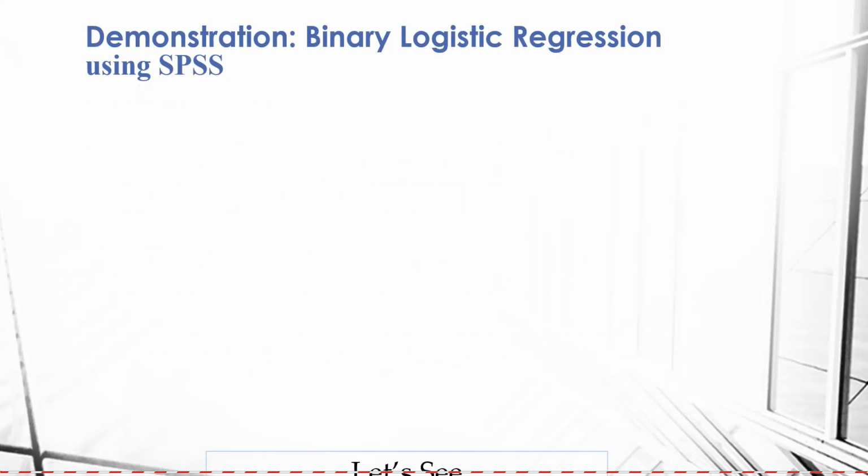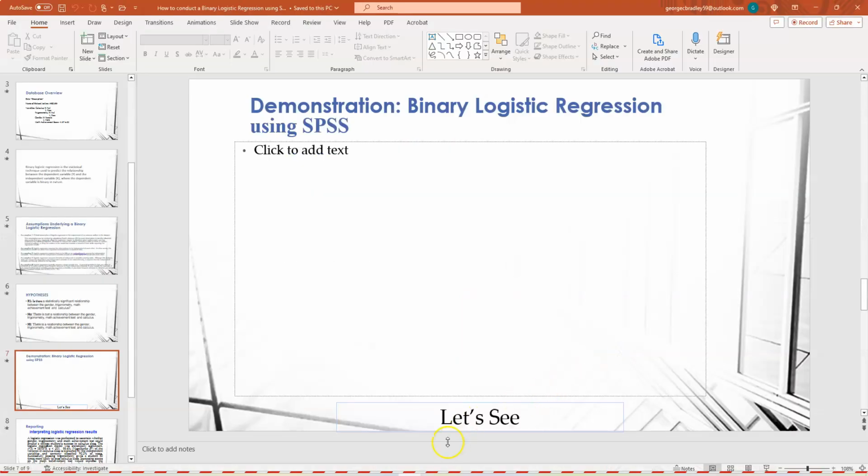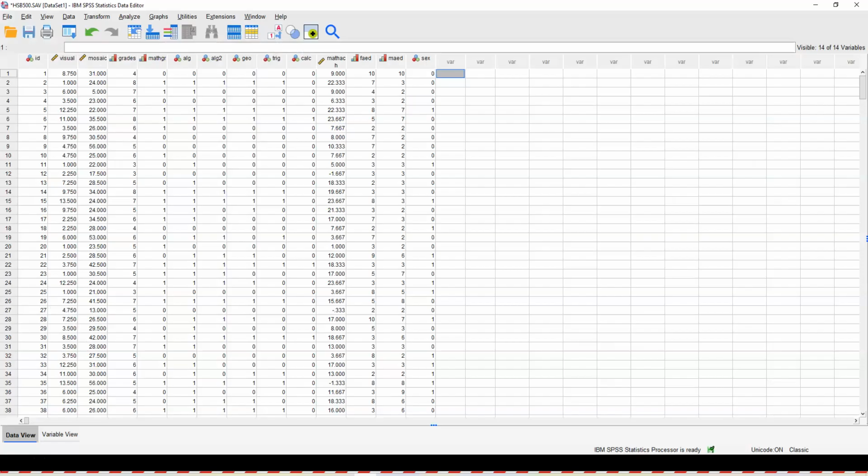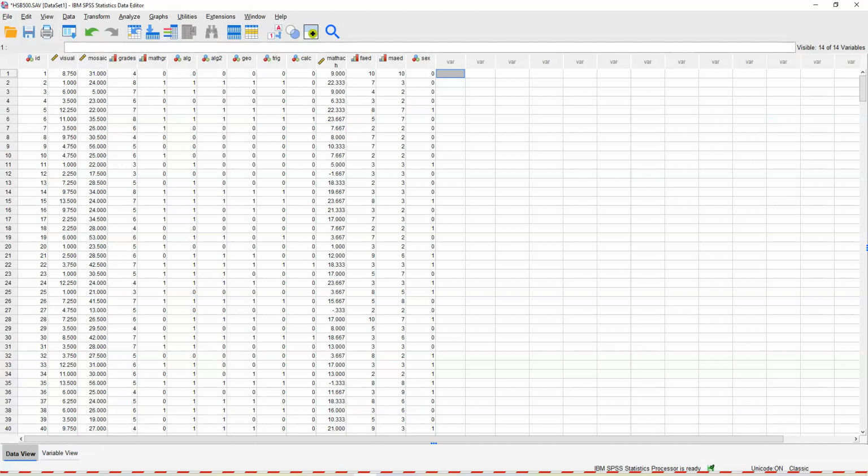Let's take a look here. Let's look at the demonstration using our data set right here. You can see right here, you have your outcome variable, calculus, you have your independent variable trigonometry, you have math achievement, and you have gender here.